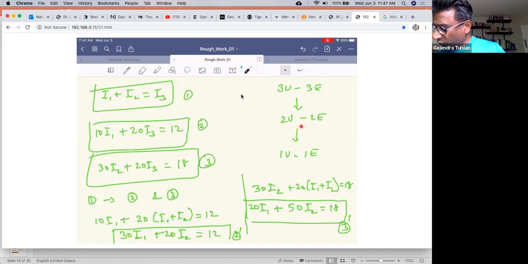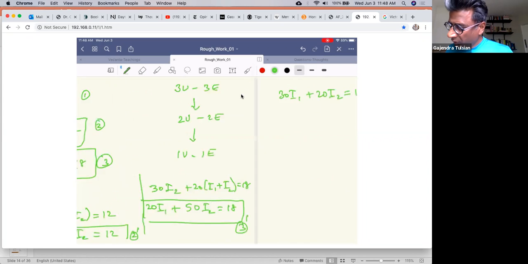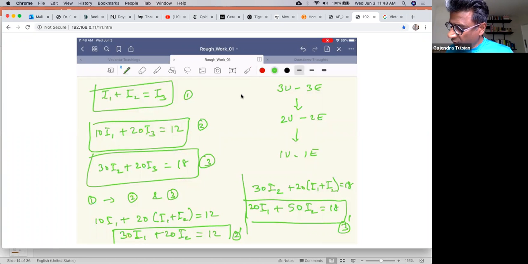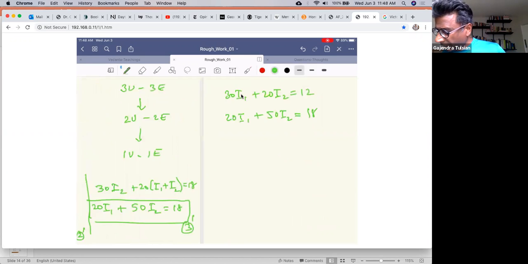And now we'll have to go to one equation and one unknown. Okay, so what I'm going to do is write these terms on the next page: 30 I1 plus 20 I2. Well, and the other equation was 20 I1. Okay.